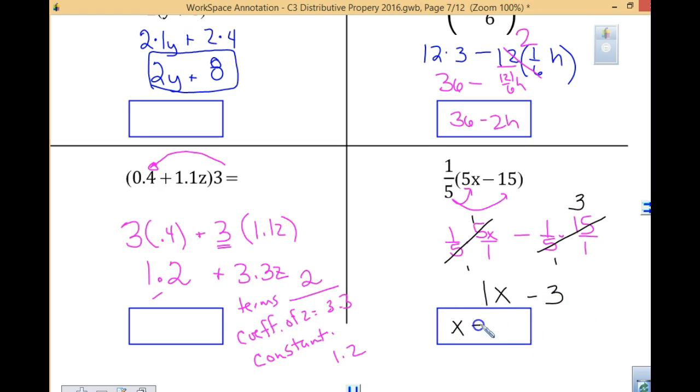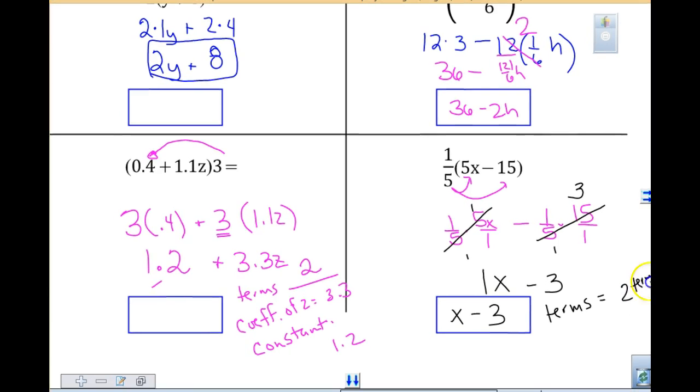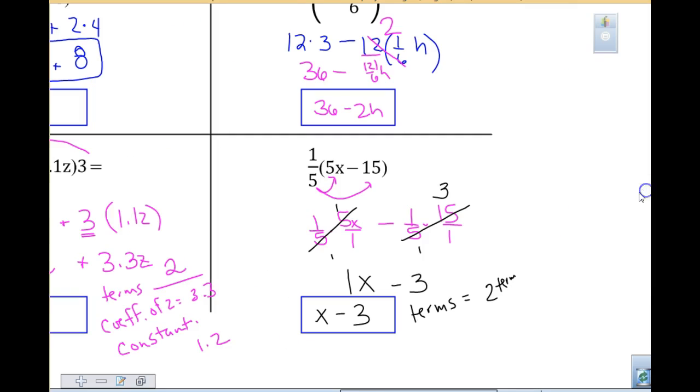Could you leave it as just x minus 3? Yes. If I asked how many terms, Maddie? Terms are always separated, we said, by addition and subtraction. So how many terms do I have? I have 1 subtraction. I have 2 terms, okay? If I want to look at my coefficient of x, Grace, it should be 1.